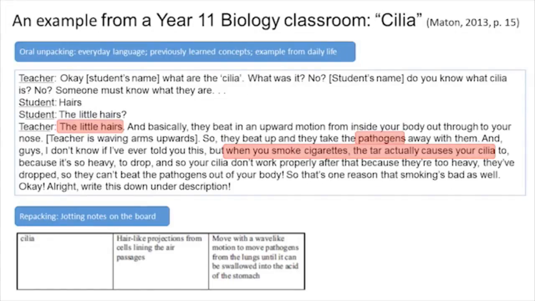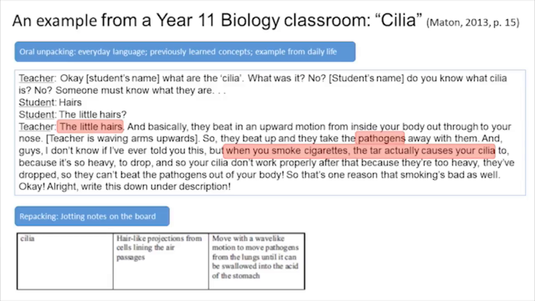And then the teacher repacks these everyday examples back into the technical discourse. So you're starting high in the density, and then low, and then up. So you have a wave-like pattern, and Carl Maton calls this a semantic wave. Here is an example to help you understand it.